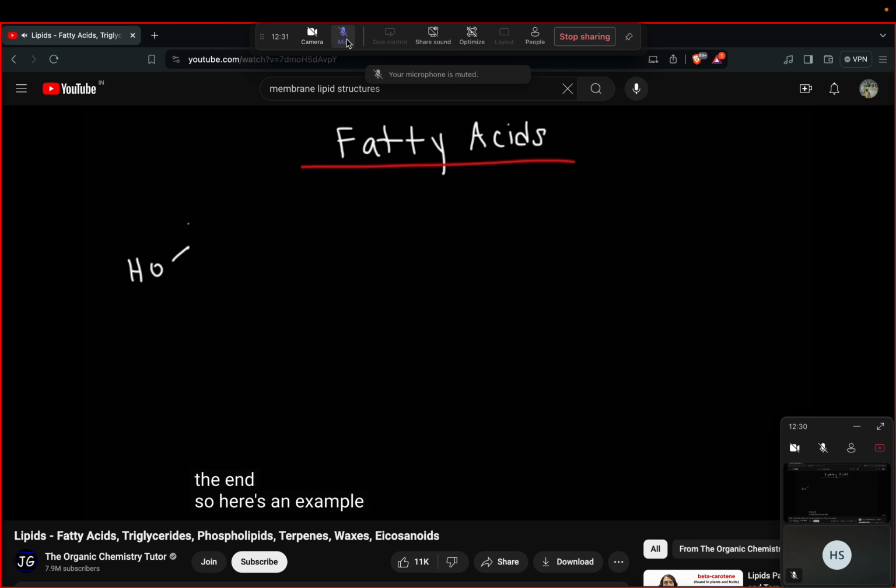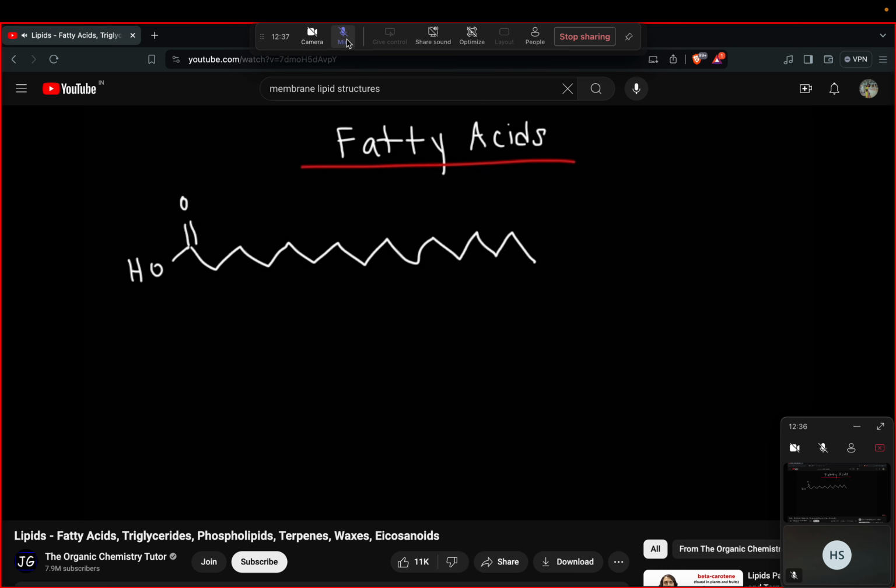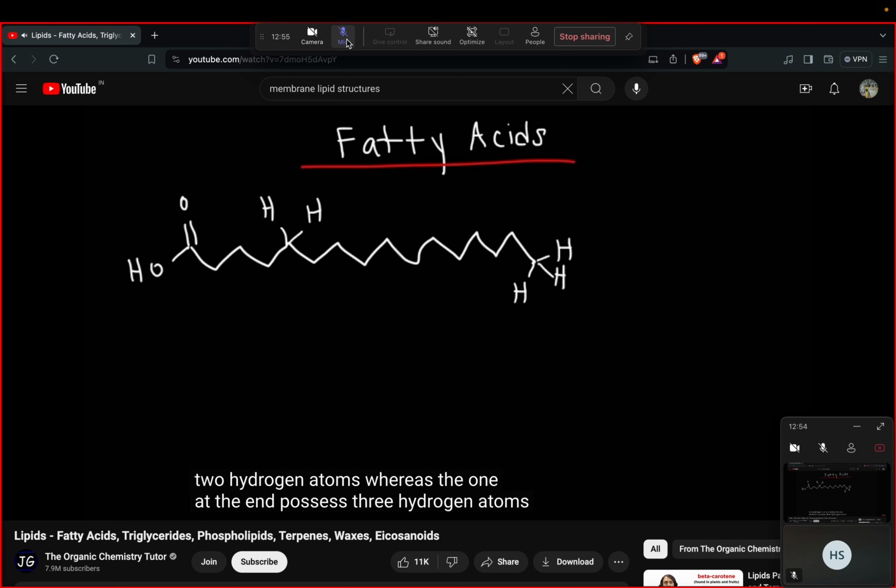So here's an example of a fatty acid. So this right here represents a carbon atom. And those carbon atoms contain hydrogen atoms. Keep in mind, carbon can only form 4 bonds. So the carbon atoms in the middle have 2 hydrogen atoms, whereas the one at the end possess 3 hydrogen atoms.